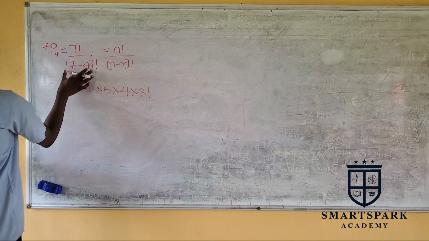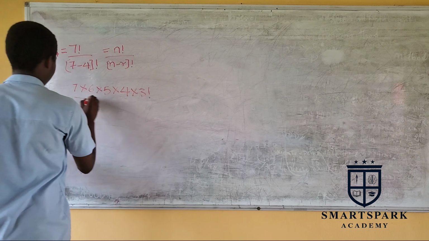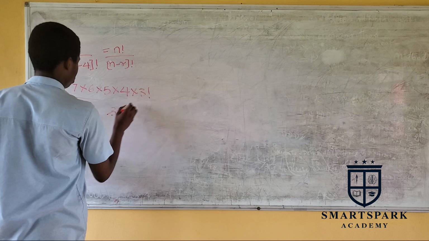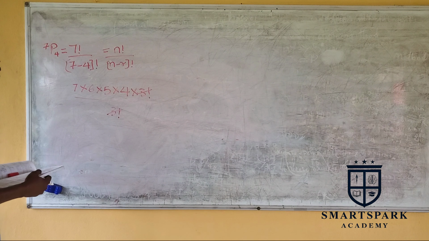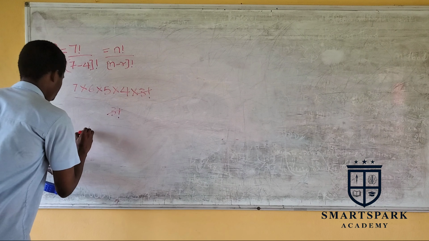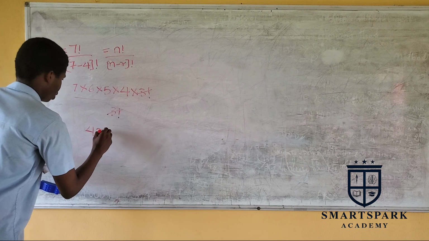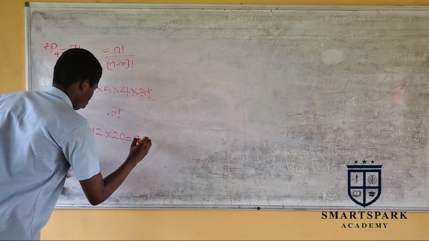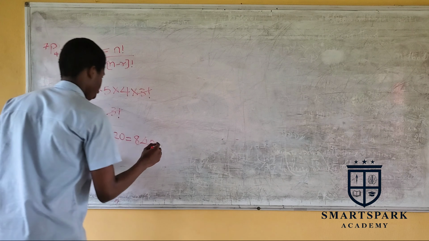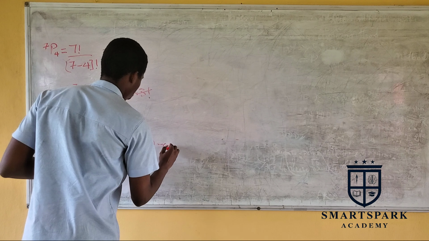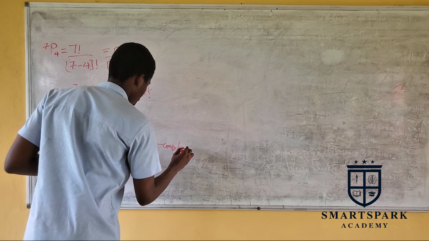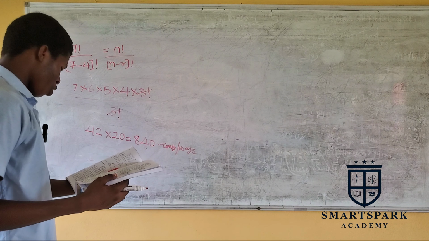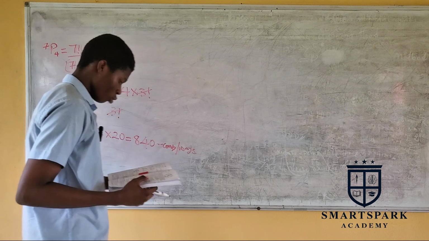Why are we stopping at 3? Because if you subtract this, it's going to give you 3 factorial. This cancels out. 7 times 6 is 42. So we have 42 times 5 times 4, which is 20, which gives us 840 combinations or ways in which the senator is going to be able to visit only 4 cities out of 7.